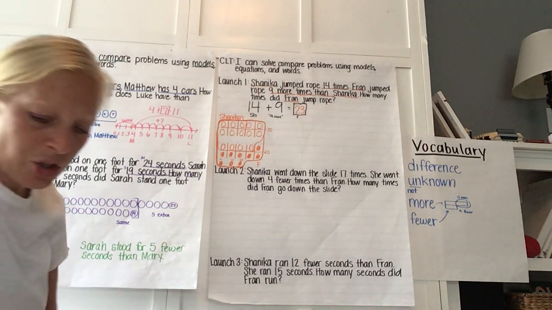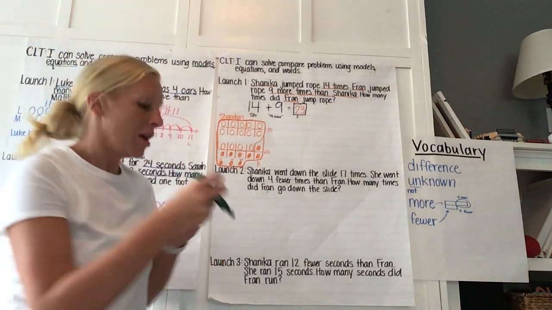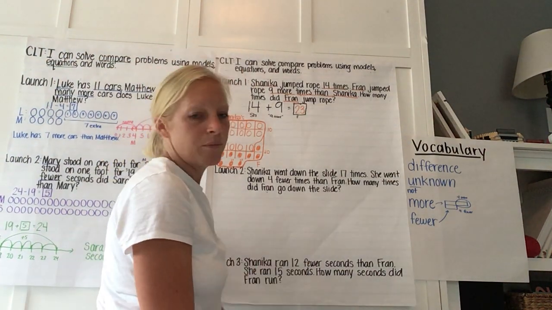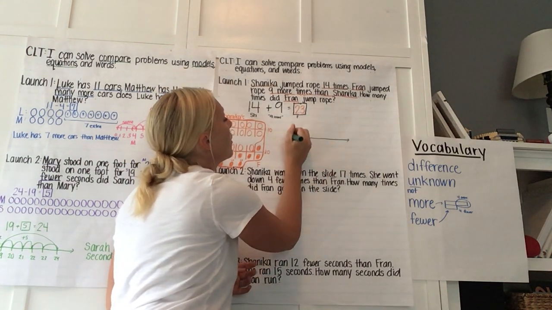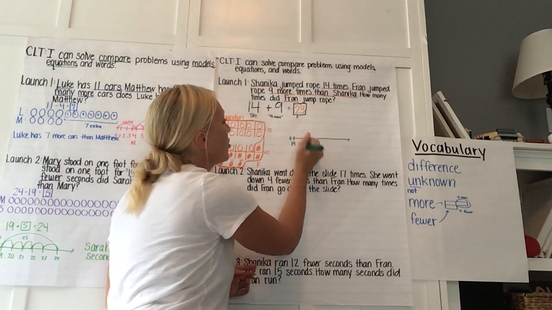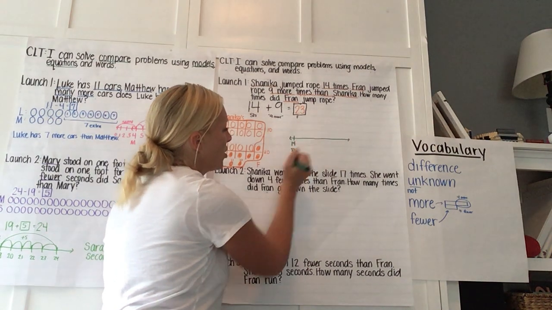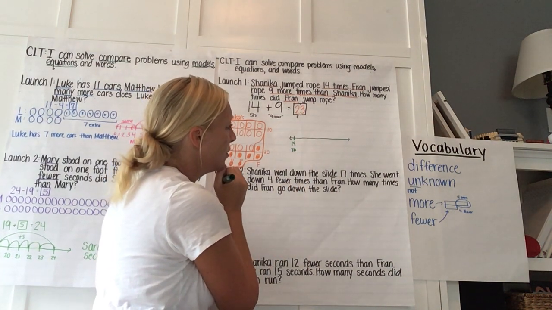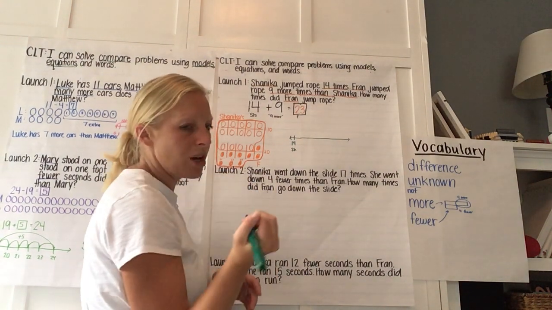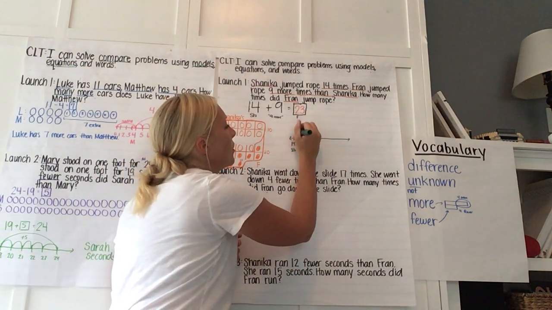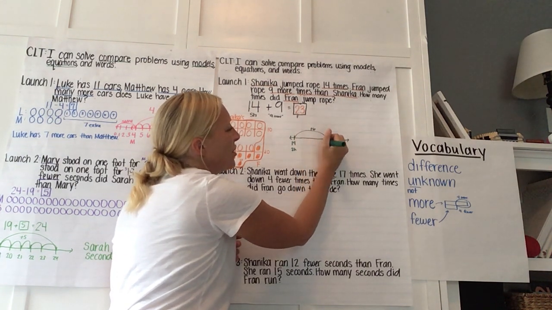Okay, how did you solve it? A little different way. Okay. And why did you start at 14? Shanika jumped 14 times. Okay. And then what did you do? You jumped 9. How did you jump 9? Why did you do a jump of 6?